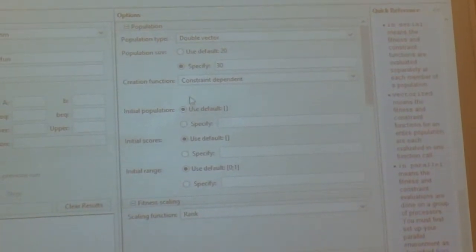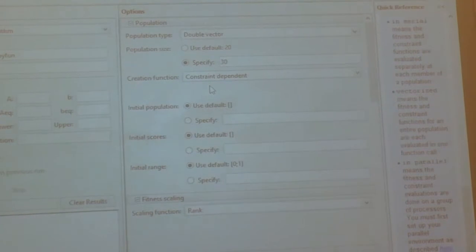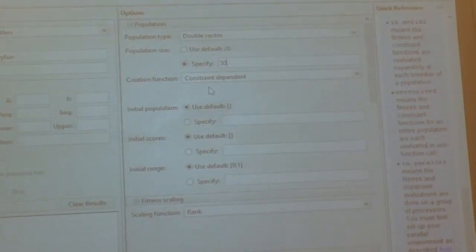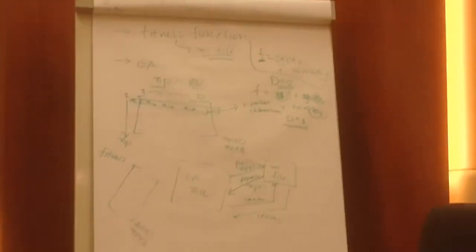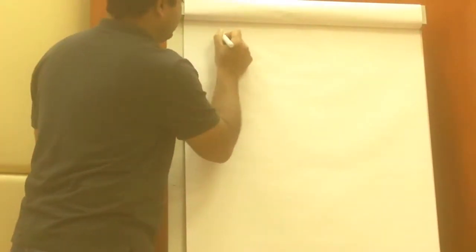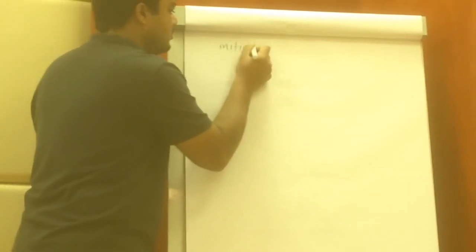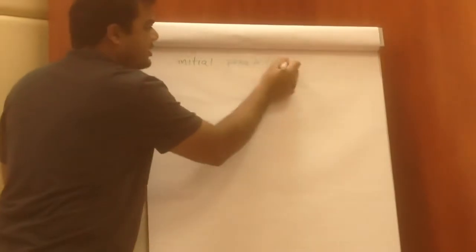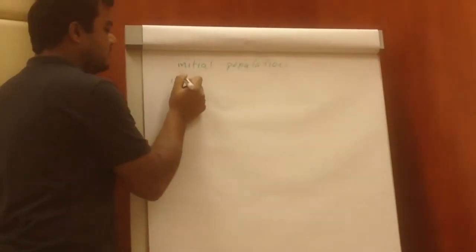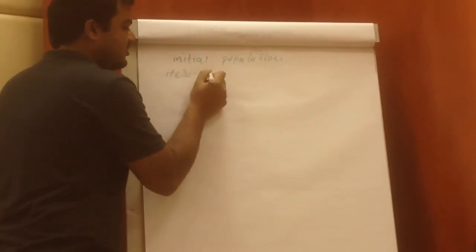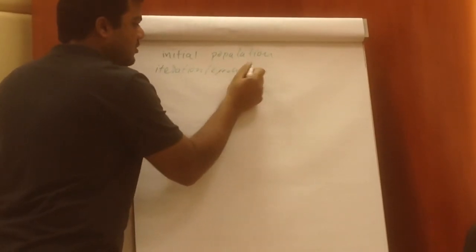Now, this create function. This creation function is for the first iteration. Let us say we want to generate the initial population for iteration 0, iteration or epoch 0, whatever you call it.